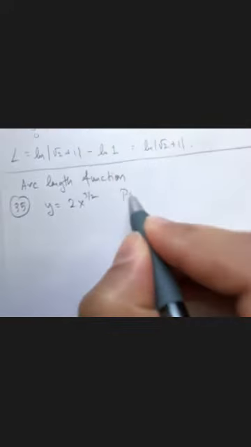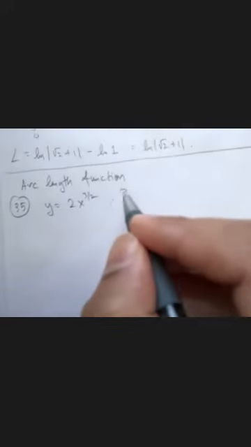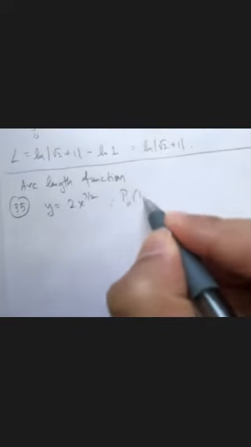So the starting point is P naught (1, 2). So we have to find the arc length function with this starting point.